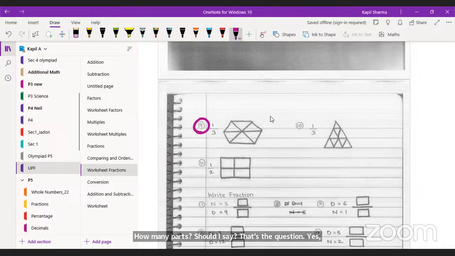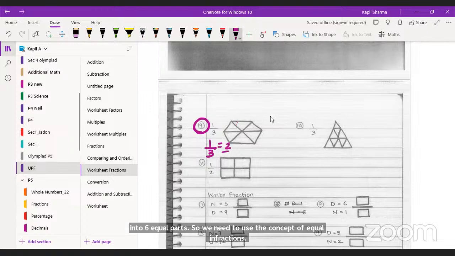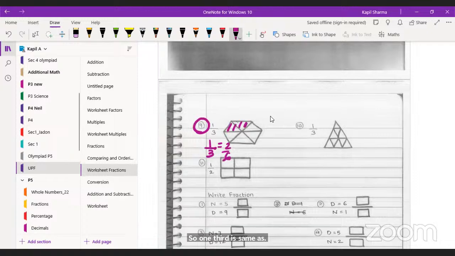Yashika and Parth. Two, yeah, correct. Okay. So you can see we need to express 1/3, but here the given figure has been divided into 6 equal parts. So we need to use the concept of equivalent fractions. Okay. So 1/3 is same as 2/6. Okay. So we need to shade 2.